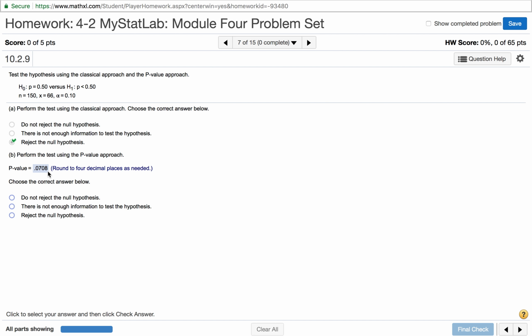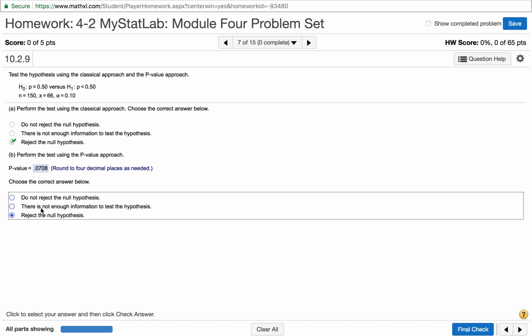The rhyme goes, if p is low, H naught must go, meaning if p is lower than alpha, you reject H naught. So is 0.0708 less than alpha, 0.10? Yes, it is. So since p is lower than alpha, we would reject the null hypothesis.